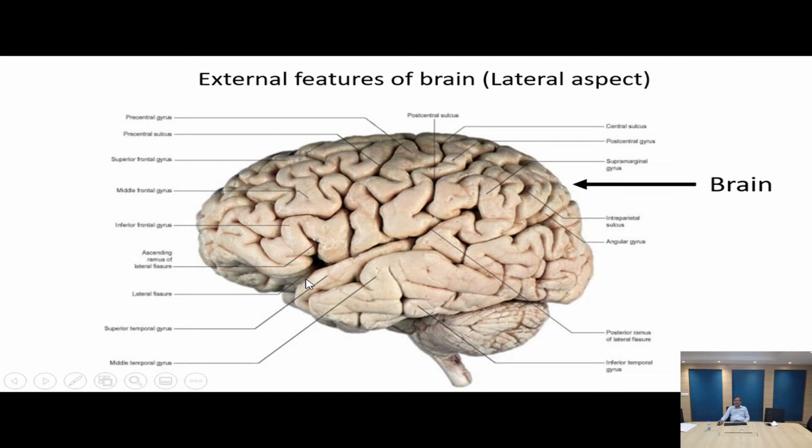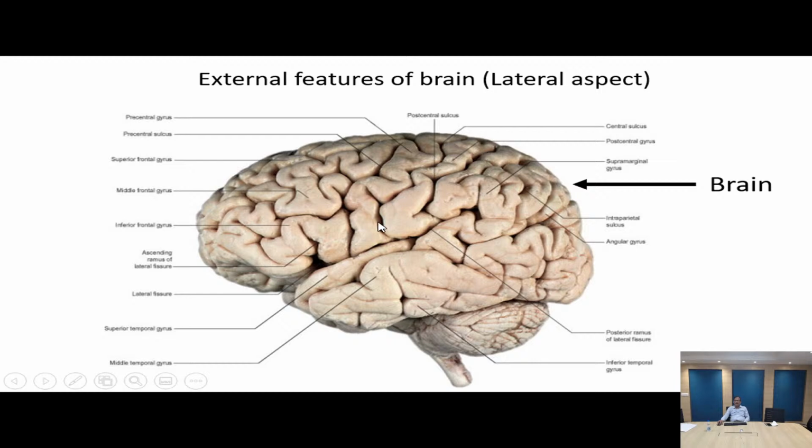Because most of the sulci and gyri are roughly placed in the same position in all of us. Let us look at this sulcus. We call this the central sulcus, and it divides the cerebral hemisphere into a frontal lobe in front and a parietal lobe behind.